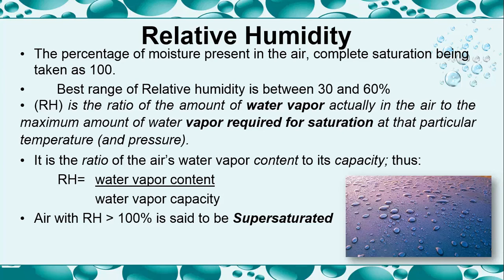As we have mentioned earlier, the best range of relative humidity is between 30 and 60%. If relative humidity exceeds 65%, the air inside the room feels sticky and uncomfortable.